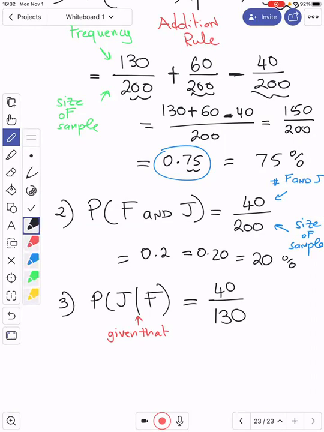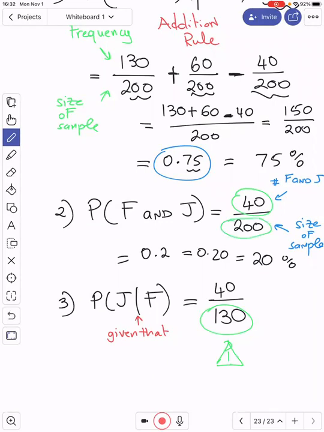So you see the difference with the previous question. There it's 40 over 200, because we know that 40 is the number of females and juniors, but we divided by 200 because we don't know if the selected student is a female. We are looking for the probability that the selected student is a female, but we don't know for a fact that the student is a female.